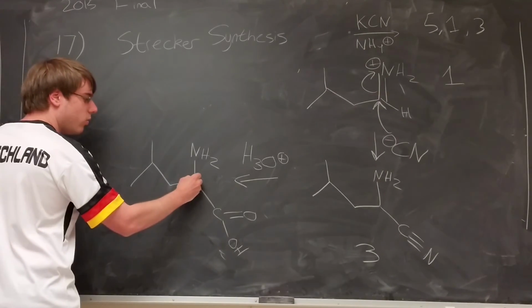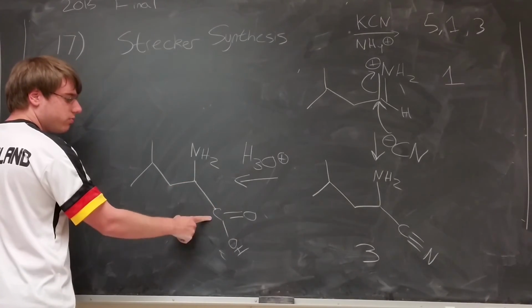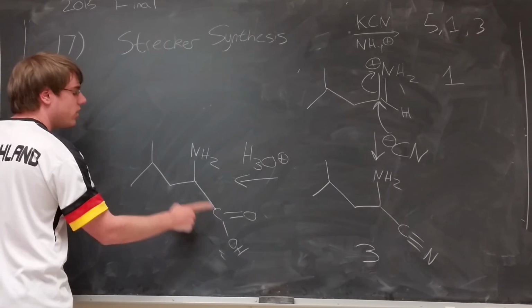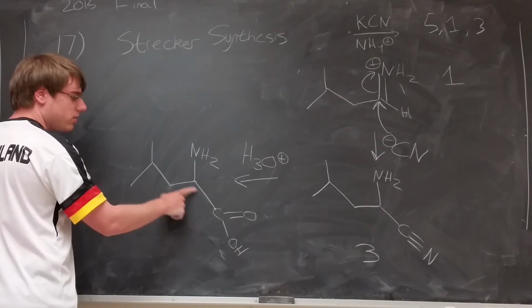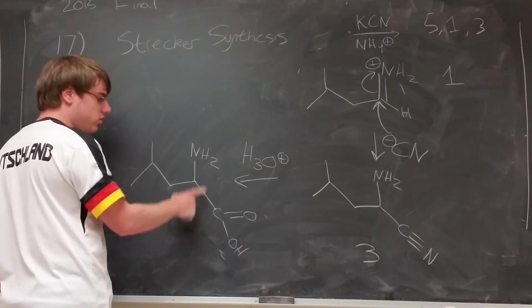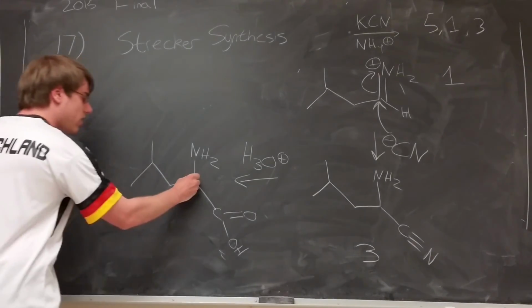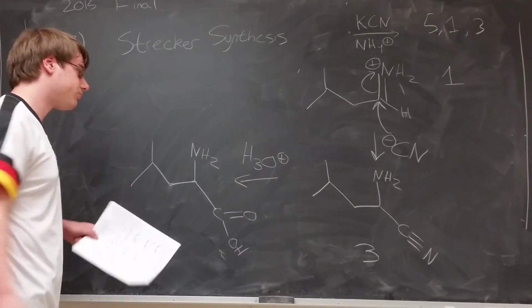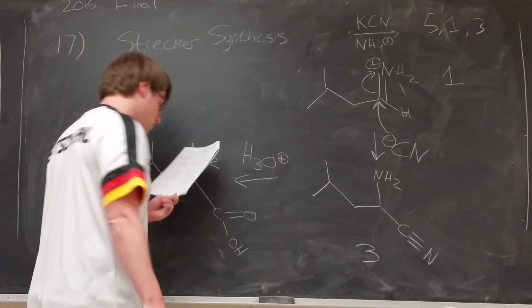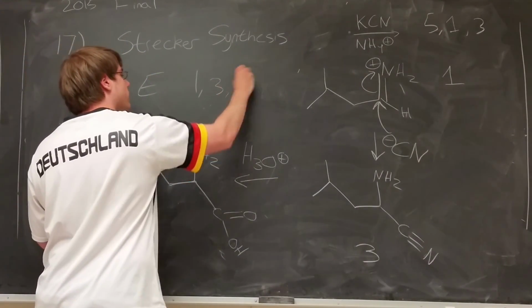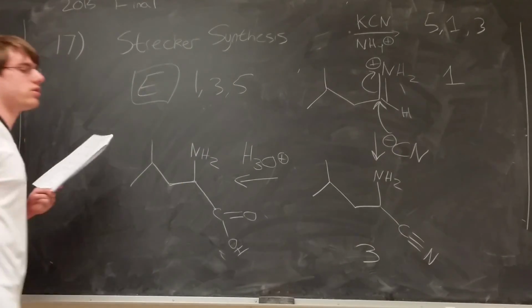And this is where you get the two carbons that you always find in your amino acid. One that has the NH2 and one that has the carboxylic acid, and then the R group, which we said was for leucine. So the answer to this question was choice E, which said structures 1, 3, and 5 were part of the Strecker synthesis.